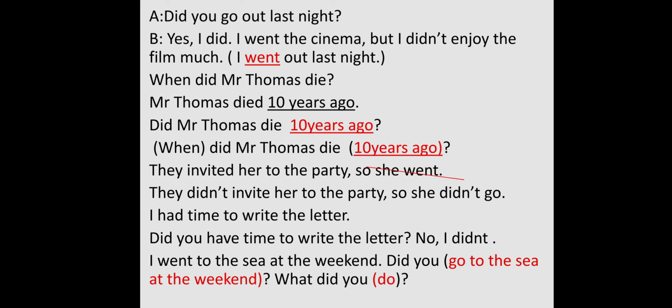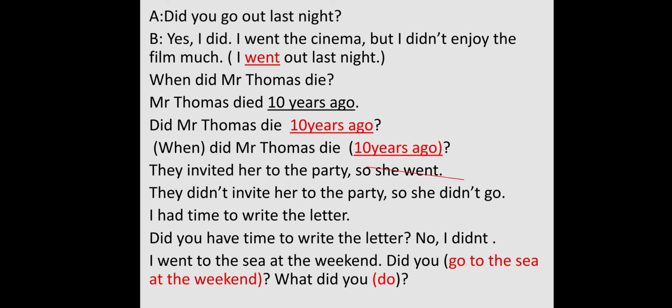I had time to write the letter. The next sentence, I had time. Look at this sentence and think about it. To ask a question, had is the past form of have.